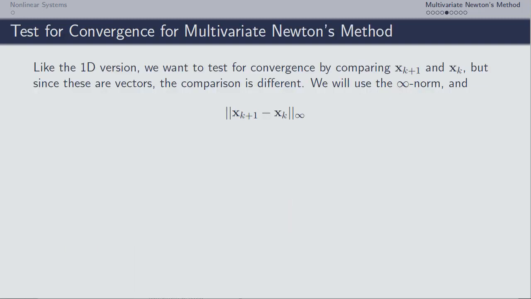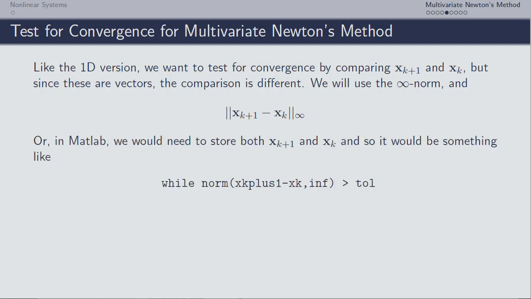When we code this up, we need to have some kind of test for convergence. So we would do something similar of comparing the previous iterate with our new iterate to see if it's changing, but we will have to use one of the norms to do that. So we'll use the infinity norm here. We're going to look at the infinity norm of xk plus 1 minus xk.